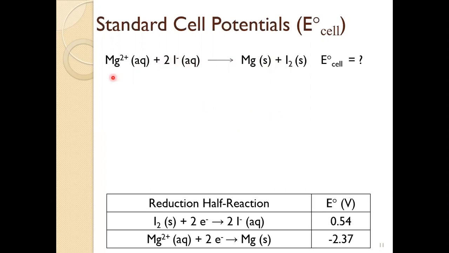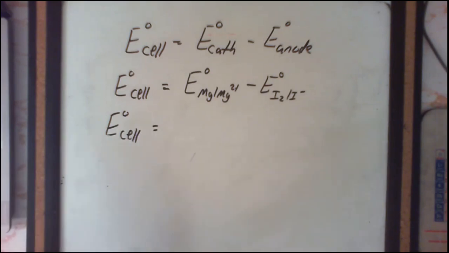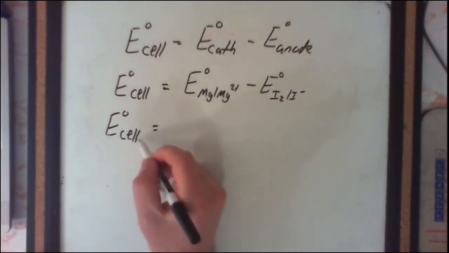So magnesium is being reduced from positive 2 oxidation number to 0, which means magnesium is our cathode. Iodide is being oxidized to iodine, which means iodide is serving as our anode.